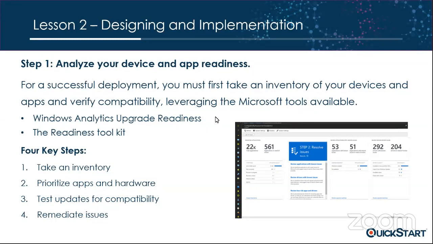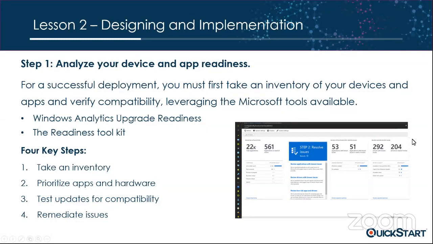Yeah, we heavily use add-ins in Outlook. So that's how it rolls. We have two key tools: the number one is Windows Analytics Upgrade Readiness, and the second is the Readiness Toolkit.